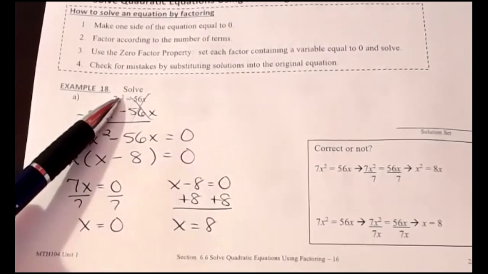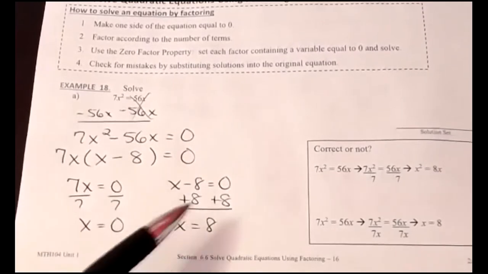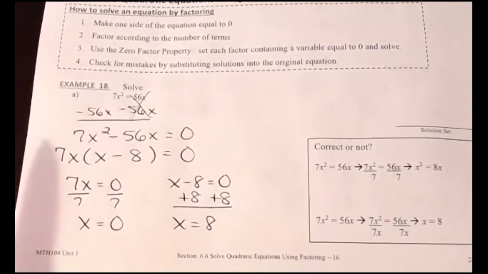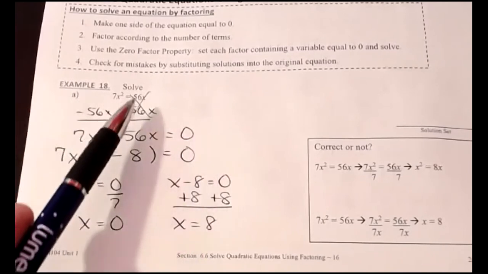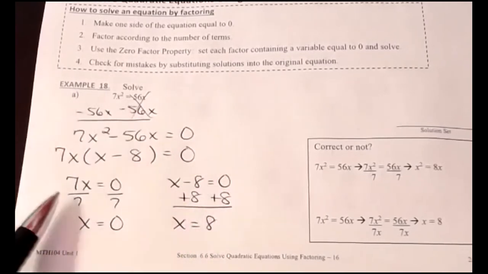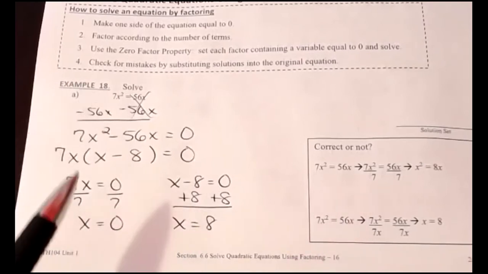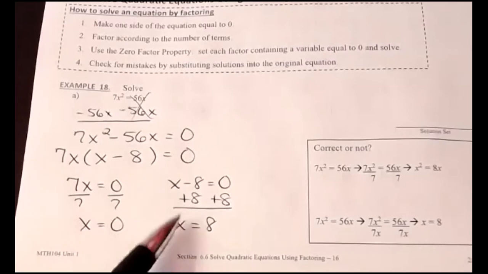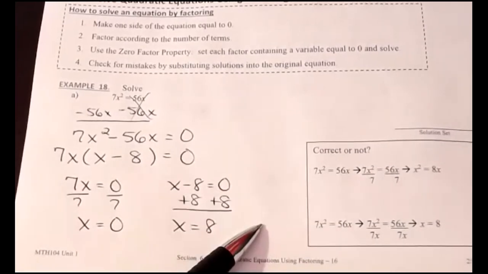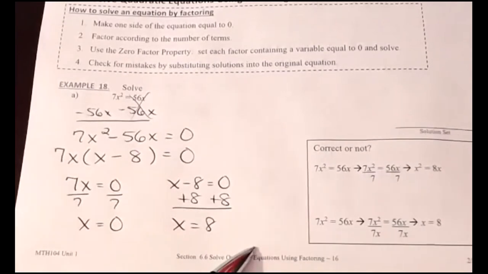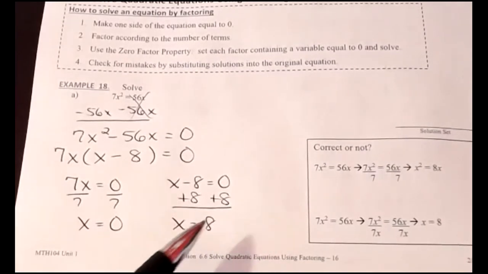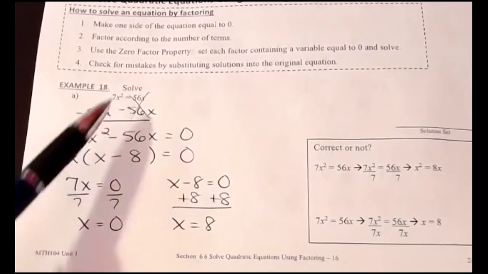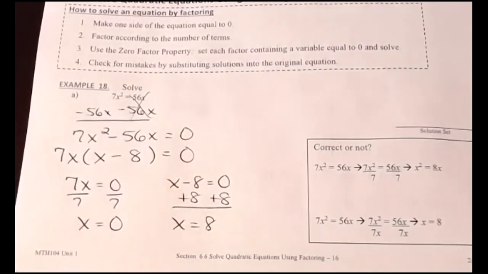If this were a 7, you'll end up with 7 solutions. Like, no joke. Okay, keep that in mind, something to think about as you do this. I will tell you that it is possible to have the same answer. So like, let's say you got x is 0, x is 8, and let's say you had a third solution and it was also x is 8. That's okay, right? That's okay if you have a double root or something like that. Just keep in mind, whatever your degree is, that coincides with the number of solutions.